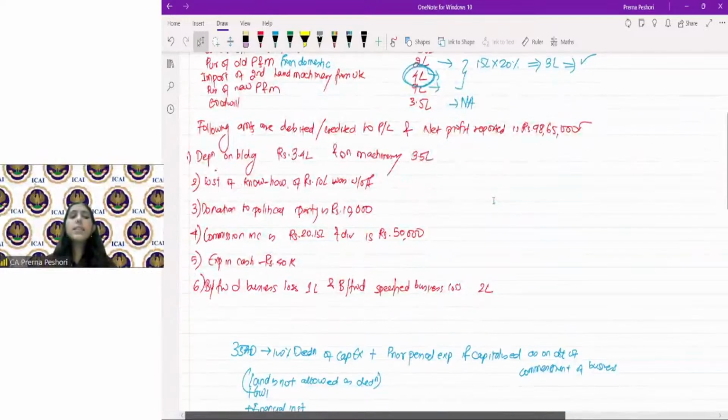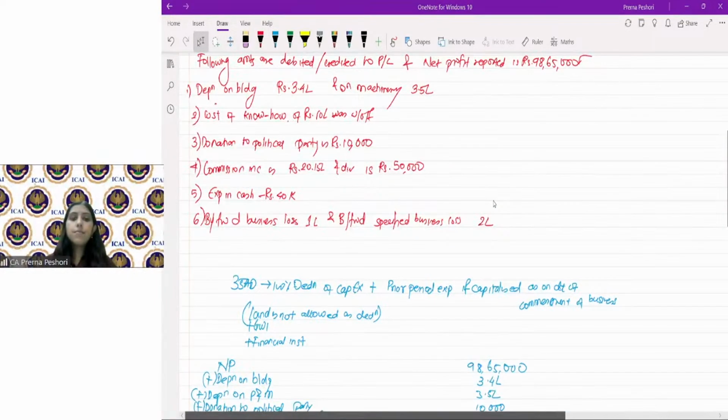Yes. Expense in cash 40,000. Yes, not allowed as it is greater than 10,000.